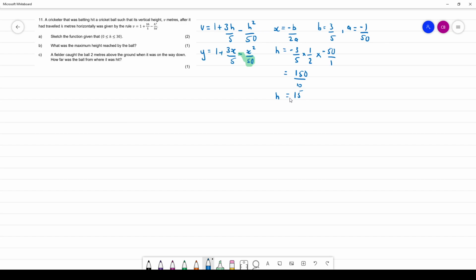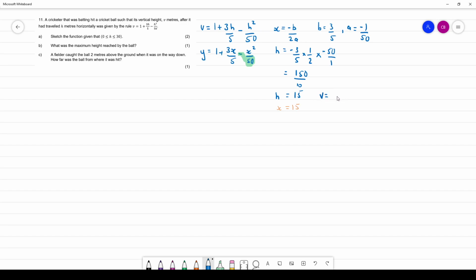Let's keep going. We've got our h value. We still need v, because h is just the x coordinate. You could think of it as x equals 15. We still need a y value, how high it is, the v value. So we can sub that in. Let's do that now.